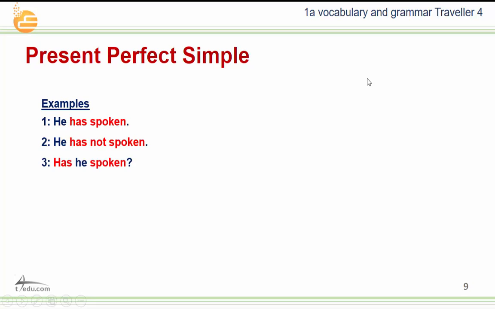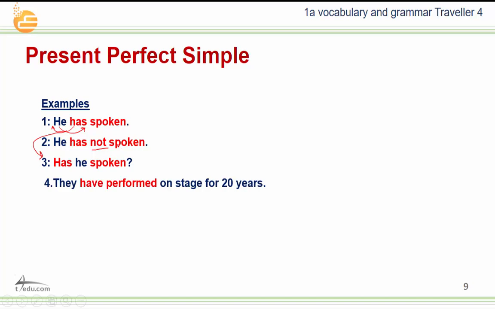Has he spoken? So here we have an affirmative sentence, a negative sentence, and a yes/no question. With negative, we just add not after has. And with a question, we put has at the beginning of the sentence, and he after has, to make a question. So, has he spoken?